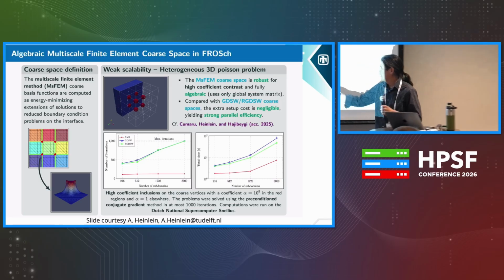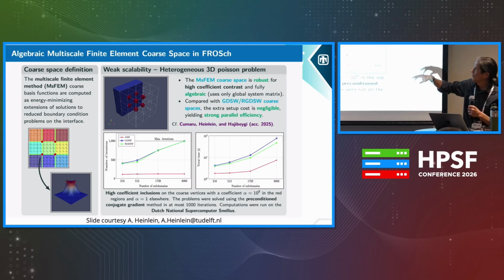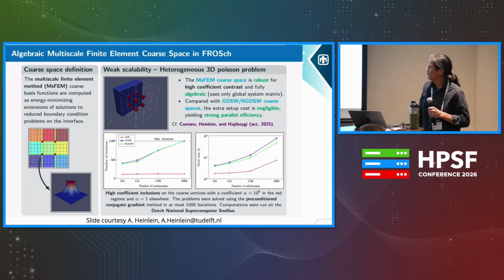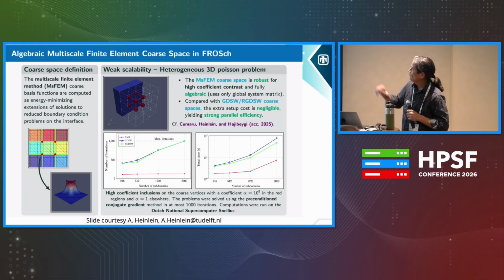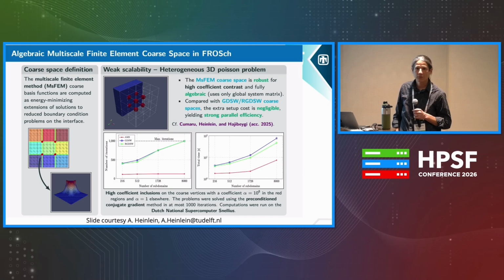Across the bottom, you have the number of subdomains. You have the total time on the top, and they are comparing parallel efficiency, and they are comparing to a couple of variants of GDSW. They're getting some pretty nice scalability here compared to the other two.